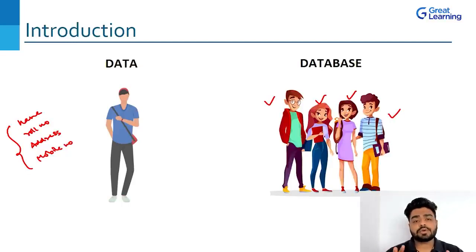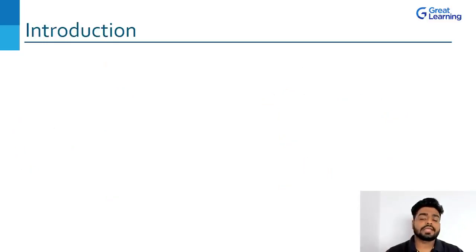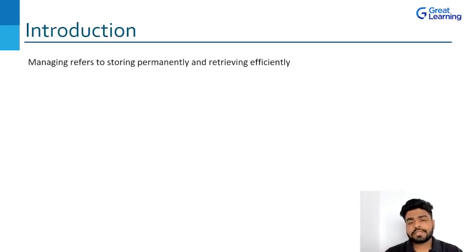Now, if you're very sure about what data and database are, you must also be sure why it is called Oracle database and not just Oracle data, right? Okay, let's move to the next part. Suppose I ask you how you will manage this data, or how you will manage the database. Let's say I want to record my information somewhere.